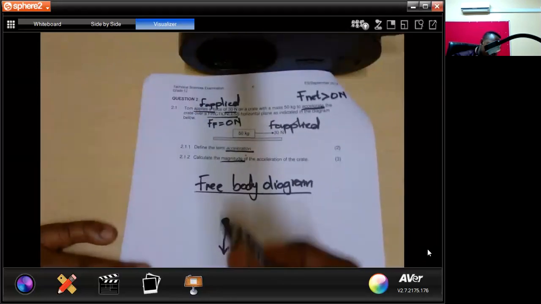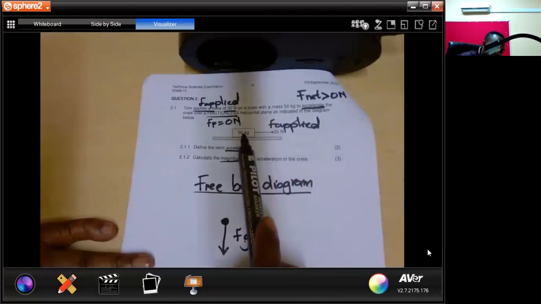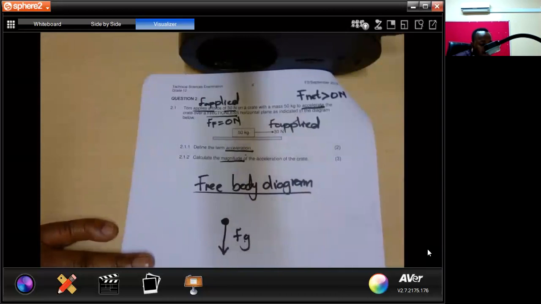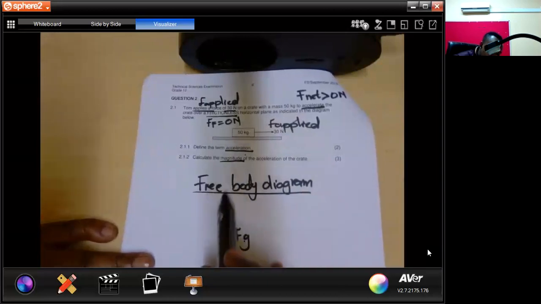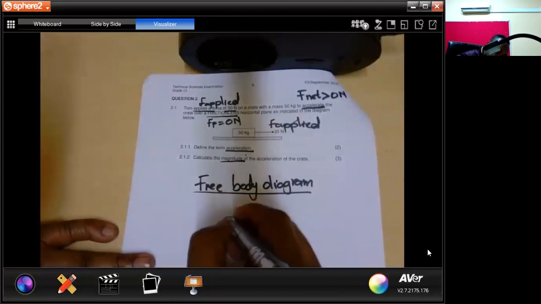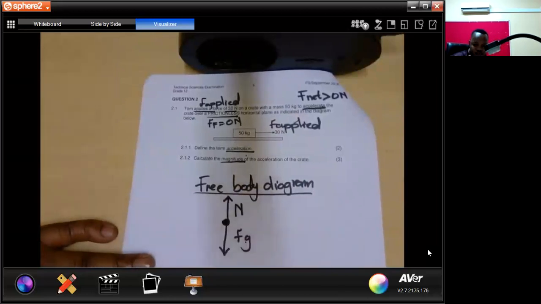Now, another force that is acting here, we can see that the object is on a surface. So there is a force that the surface exerts on the object, and it acts perpendicular to the surface. And we know the name of that force is the normal force.